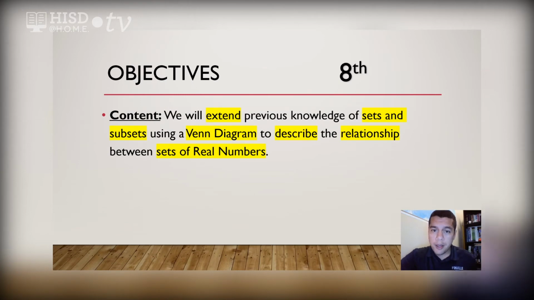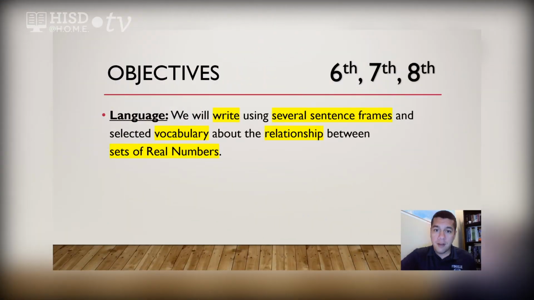For our 8th graders, we will extend previous knowledge of sets and subsets using a Venn diagram to describe the relationship between sets of real numbers. Finally, the language objective for all of us is we will write using sentence frames and selected vocabulary about the relationship between sets of real numbers.